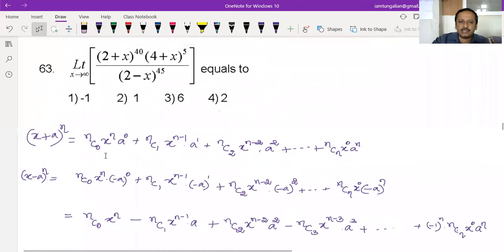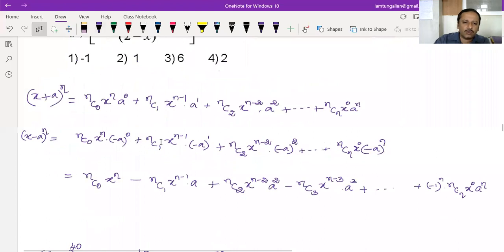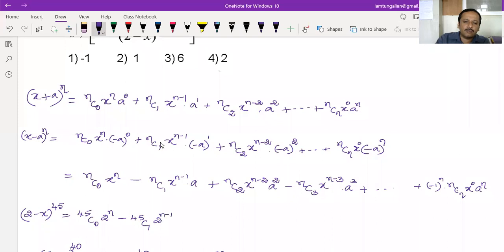Where is the denominator? 2 minus x whole power 45. That is equal to nC0 x power n. nC0 means 45C0 x power n 2 power n minus nC1, 45C1, 2 power n minus 1 into x plus nC2.